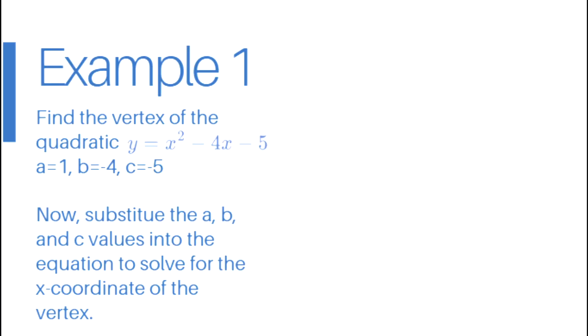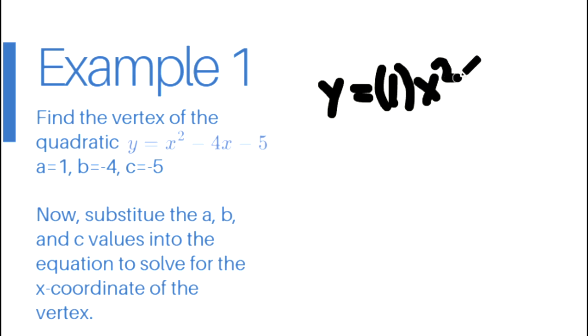So let me pull up my tools and get my little marker out. We'll use a different color today. So we have y equals x, which is 1. Okay, so our a is 1, x squared minus, oh, we already have all that in the equation to solve for the x coordinate.